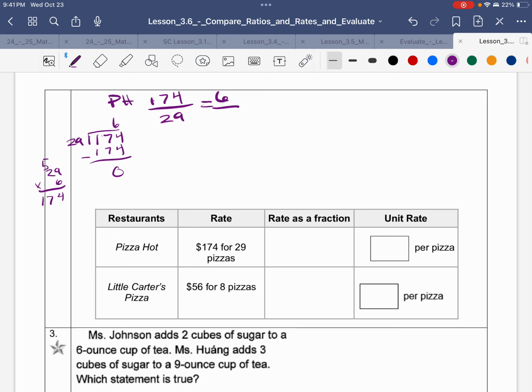So this would be $6 for one pizza. Now Little Carter's is $56 for 8 pizzas. And I think we can do that one kind of mental math. 56 divided by 8 is 7, right? So this one is $7 per pizza.